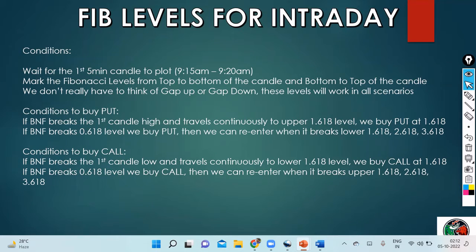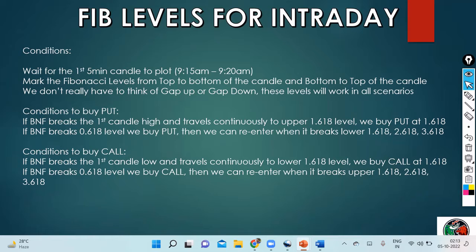Like we mentioned earlier, we will wait for the first 5 minutes candle to be plotted on the chart in Bank Nifty, that is between 9:15 a.m. and 9:20 a.m. Then we will mark the Fibonacci level from the high to the low and from the low to the high. If the market is opening with a gap up or gap down, that really doesn't matter. All that matters is this level.